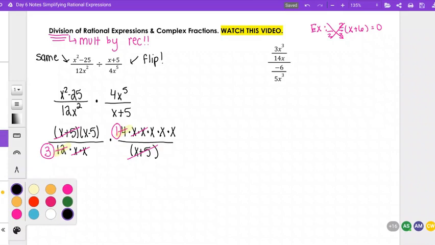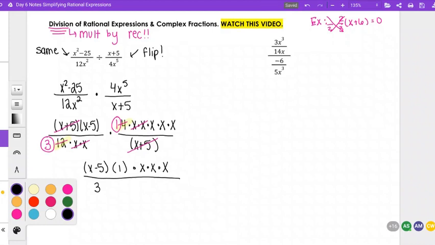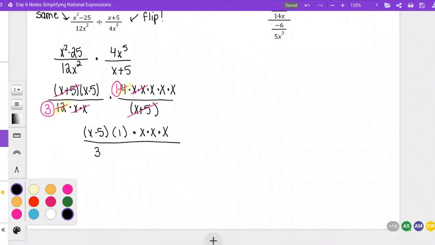So what we have left over in our numerator is x minus 5 times 1 times x times x times x all over 3, and actually just all over 3, because these two x's canceled out and x plus 5 canceled out.